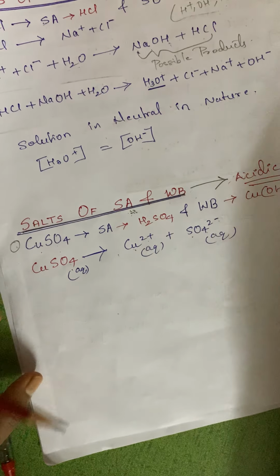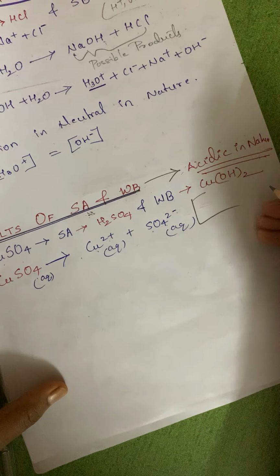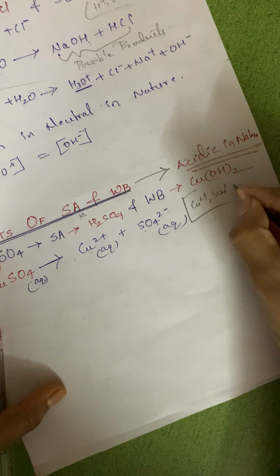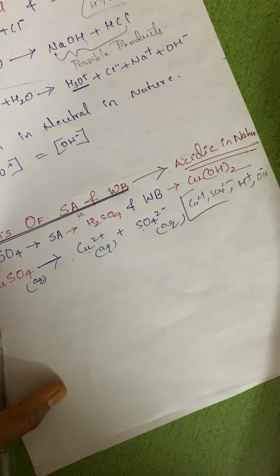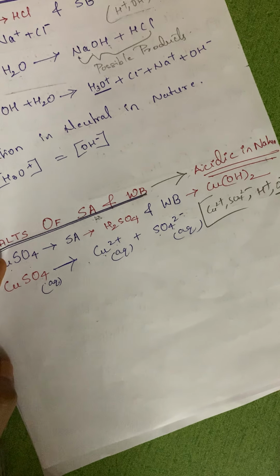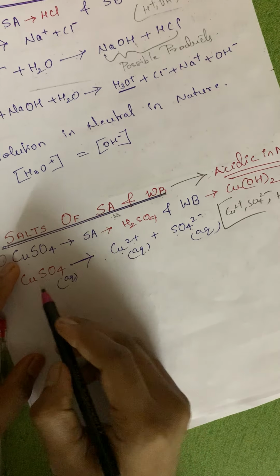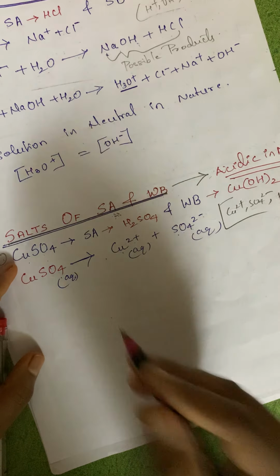Now what all ions will be there in the medium? It will be Cu2 plus ions, SO4 2 minus ions, H plus ions, and OH minus ions. These many ions will be there in the medium now. Now, what will happen next is that the copper sulfate, whatever is generated, will try to react with water.